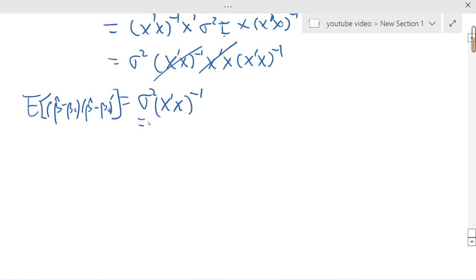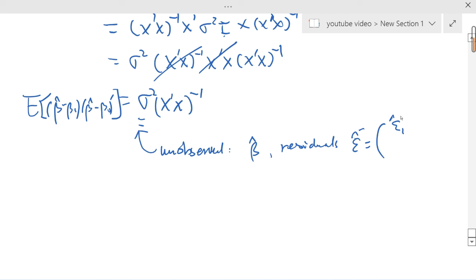However, you should know that this sigma square is unobserved, so we need to estimate it from data. The way to estimate it is, given beta hat, compute the residuals epsilon hat, which is epsilon 1 hat for the first observation until the nth observation.